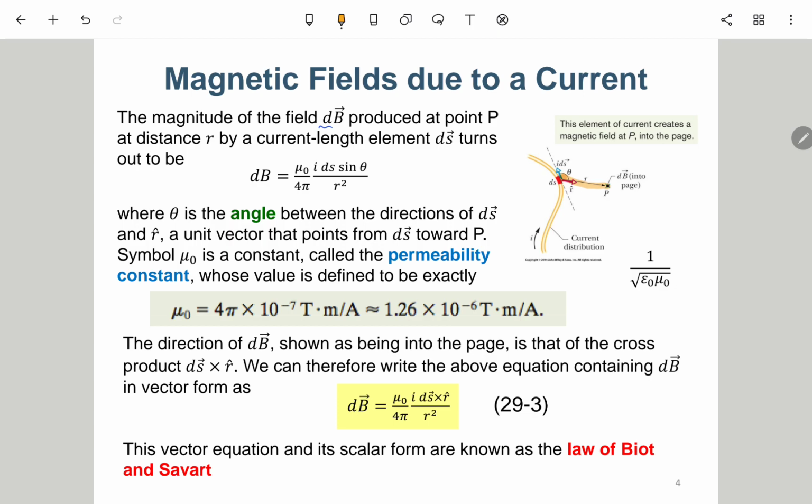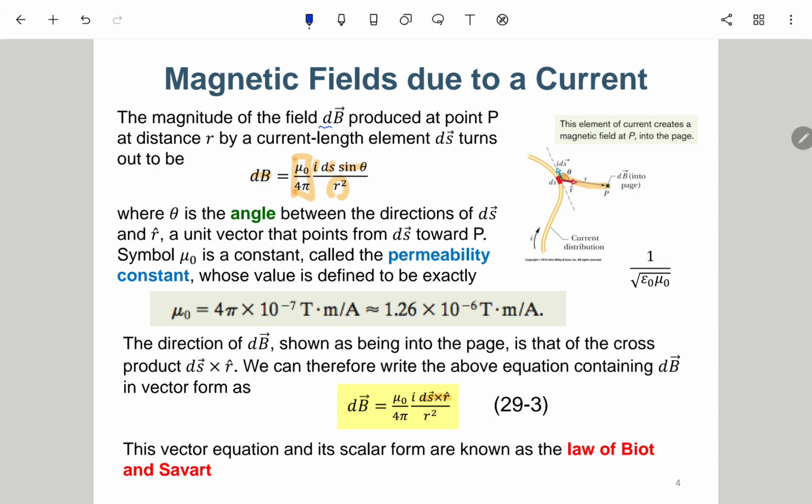This is a scalar form, so we have dB on the left side, and then we have mu 0 over 4 pi. Mu 0 over 4 pi. And then we have something like I ds sine of theta. We can also imagine this sine of theta actually comes from a cross product. And then we also have an r squared in the denominator.